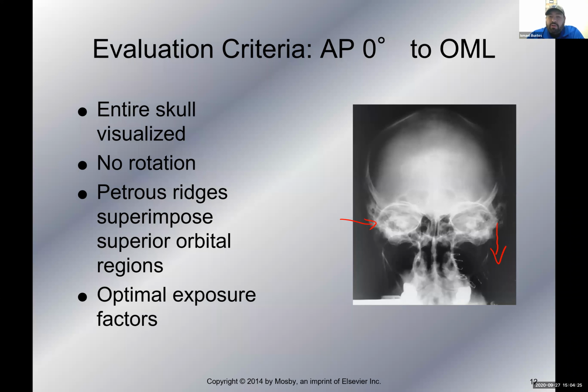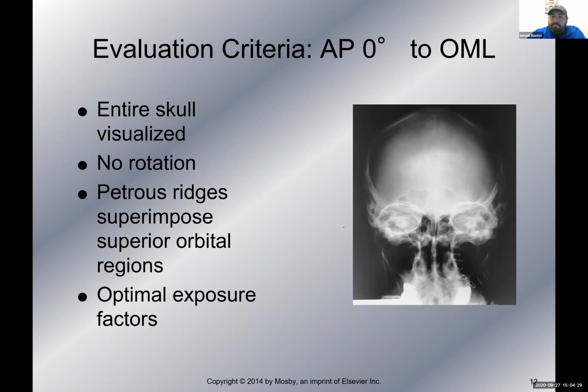If they're too low, that means I had too much extension. The more you extend, the lower they go in the orbits. So in order to correct that, I need to flex the head more to bring them up higher. If they're too high, there's too much flexion, and I need to extend a little bit. If they're too low, I extended too much, and I need to flex more. That helps you remember what to do whenever you have the ridges not in the correct place.